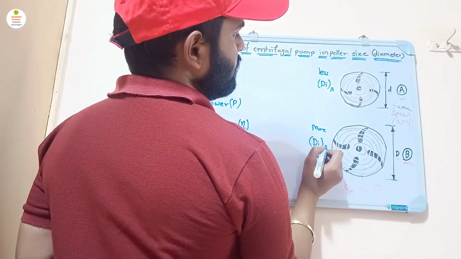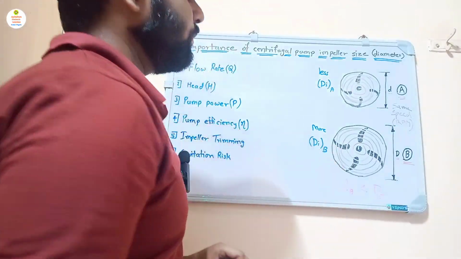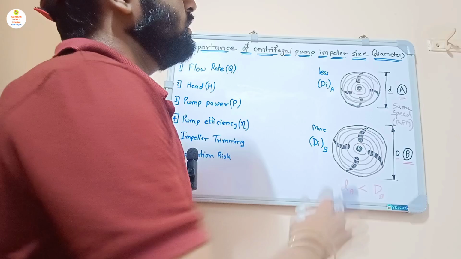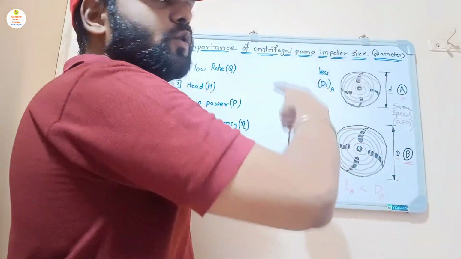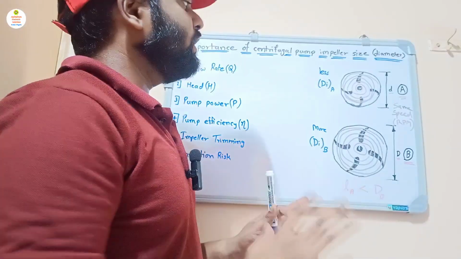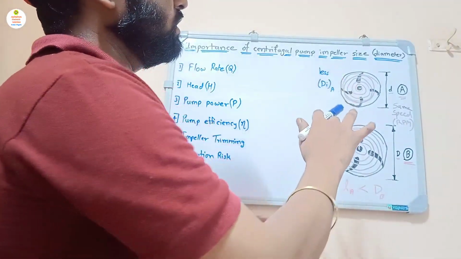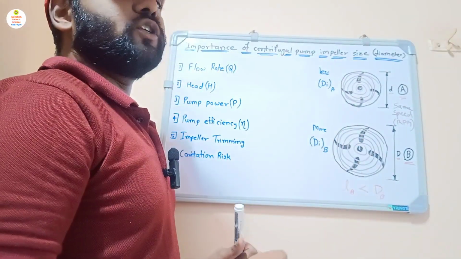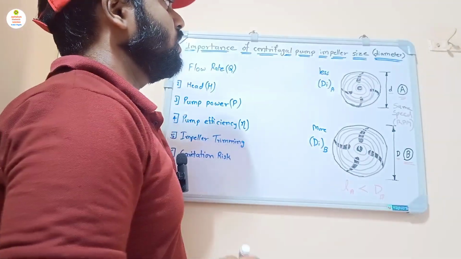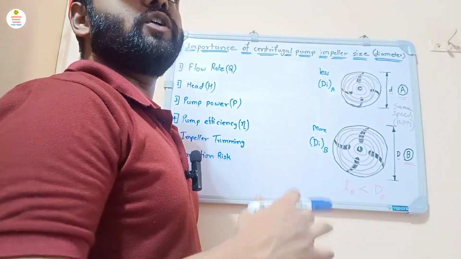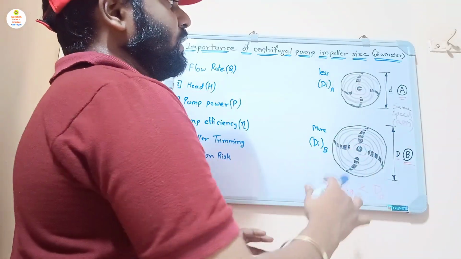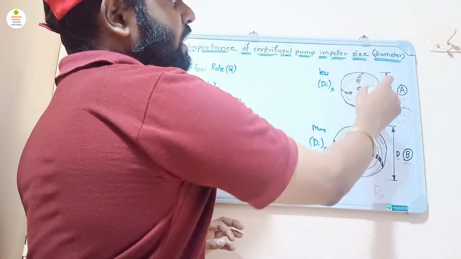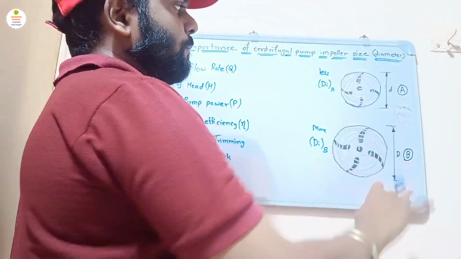distance traveled by B. Now, the distance traveled by a liquid droplet around a circular path in a given length of time is called tangential velocity or peripheral velocity. This tangential velocity or peripheral velocity is the linear speed at the outer edge of the rotating impeller.